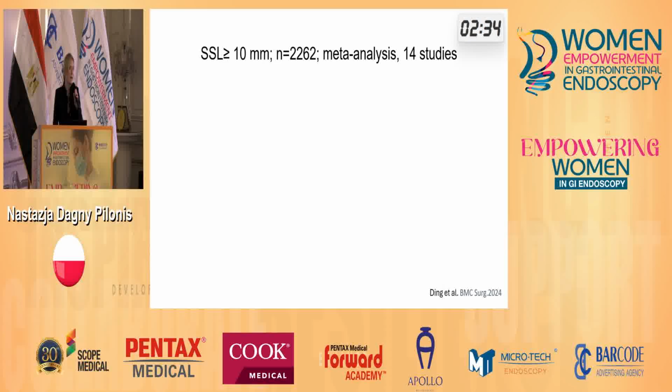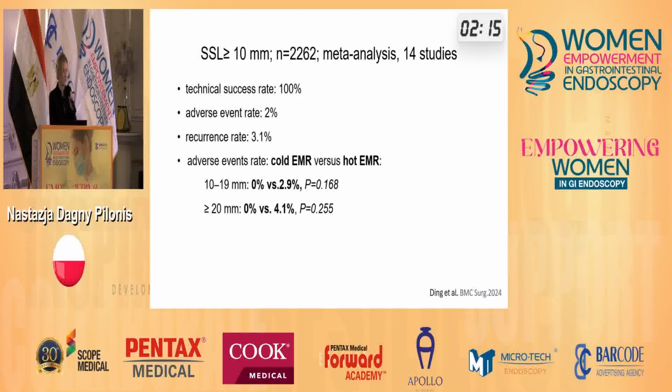So what about larger lesions? What about lesions that are larger than 1 centimeter? There is a helpful, recent meta-analysis of more than 2,000 lesions that compared cold and hot polypectomy in larger serrated lesions.